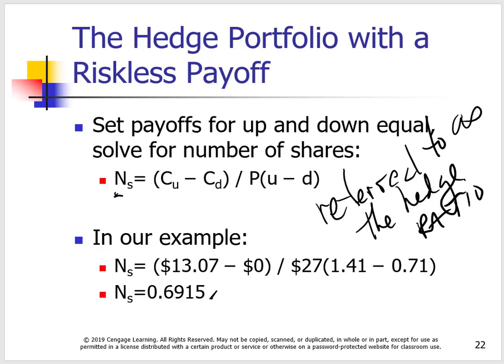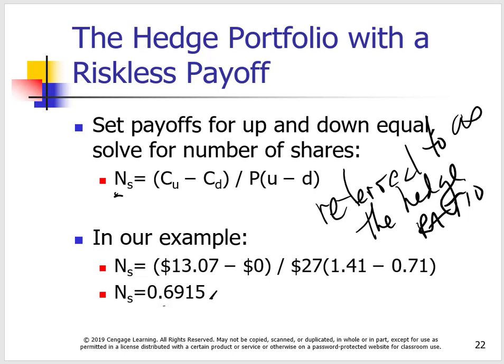If you take the higher call option minus the lower call, 13.07 minus 0, and divide that by the price differential, $27 times the difference, right, of how it went up, we would need to buy 0.6915 shares of stock.